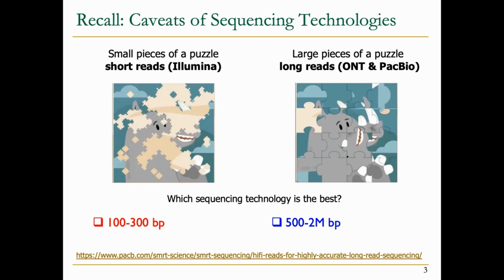For that, third generation sequencing technologies are more advantageous because they usually produce very long reads, on average 10,000 to 20,000 bases long, but they can produce up to 2 million bases, which are known as ultra long reads, produced by Oxford Nanopore sequencing technologies. So in that sense, third generation sequencing technologies are more advantageous. But usually a trend is that second generation sequencing technologies produce reads with very low error rates, which are around 0.1%.